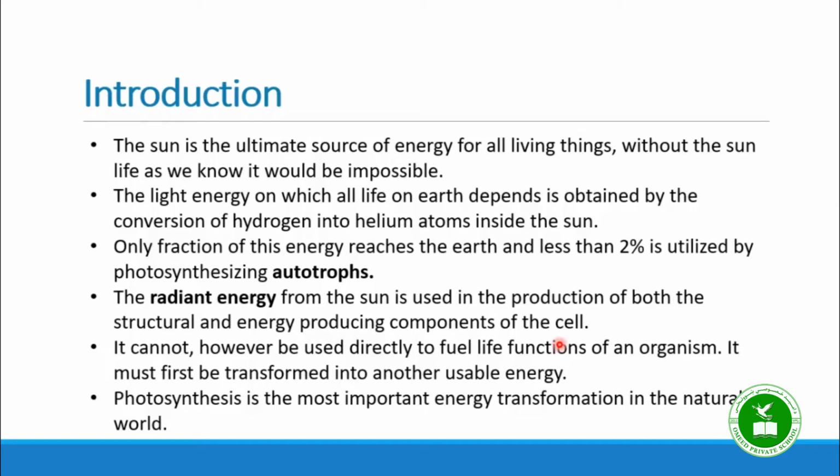In photosynthesis, the radiant energy is converted into chemical energy. Because this process is performed by plants, and plants are autotrophic, they make their own food and also make food for other living organisms, and they also provide oxygen. So this is the most important energy transformation in the natural world.